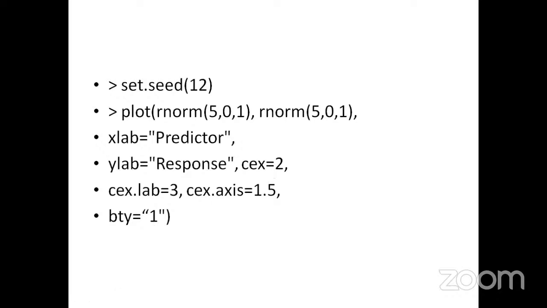Then cex.lab, you can see the character size you are giving for the x-axis is 3 and for the other axis 1.5, and bty the difference. You can just plot it and see how you are getting it. You can write these codes and plot it. Remember, this is the first line and this one is the second line, and all this is in a single bracket. Please do it and see it, everybody.